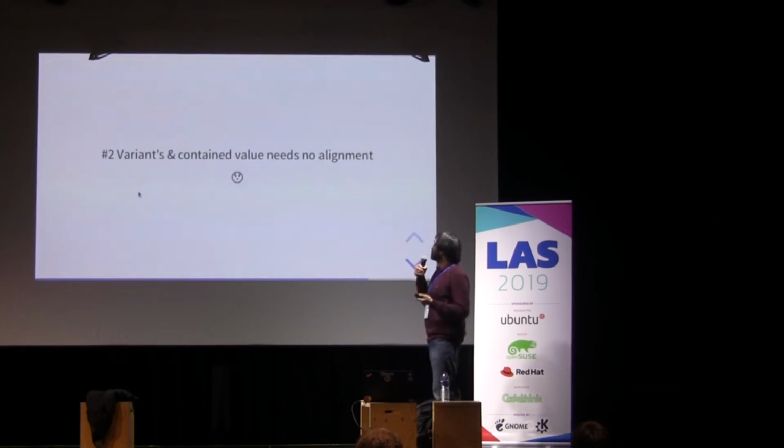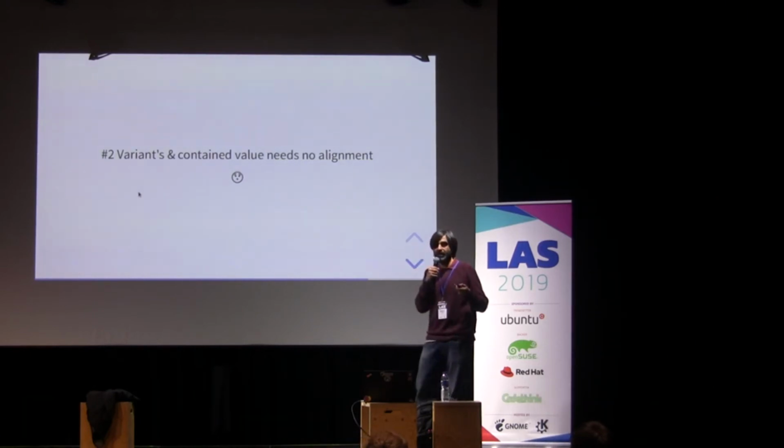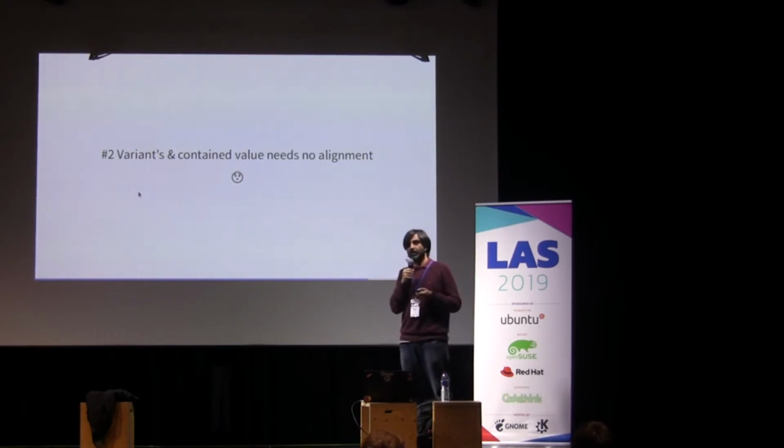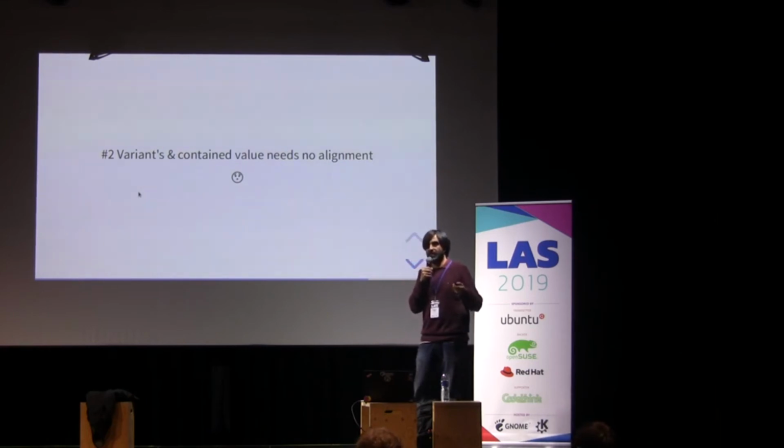But then there is another rule, about the variant and the contained value. The variant data type I mentioned, the generic one, does not need any alignment for itself and for the data that it contains. However, its grandchildren do.